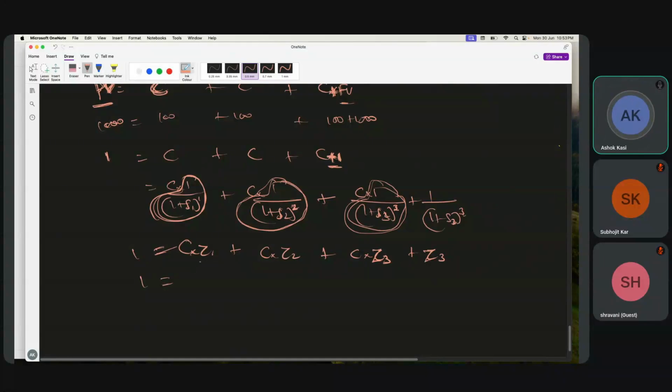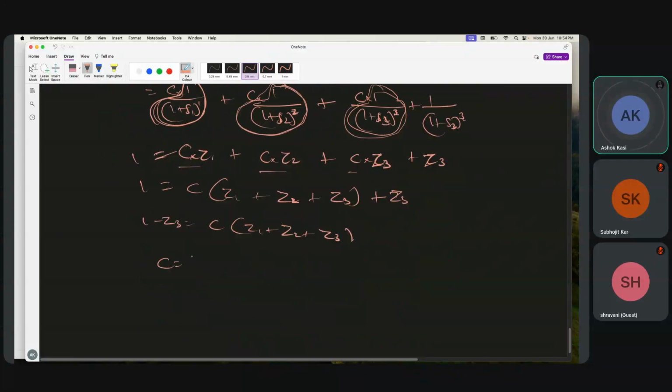Now I'll take the common factor out. It is not required for you, because nobody is going to ask you the derivation, but it is always good to know. I would always encourage people to know the derivation, because then your mind should know from where it comes. So 1 minus Z3 is equal to C into Z1 plus Z2 plus Z3.